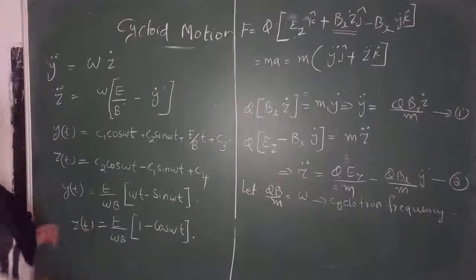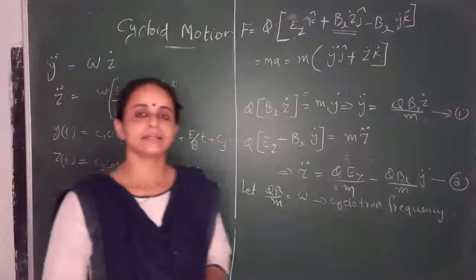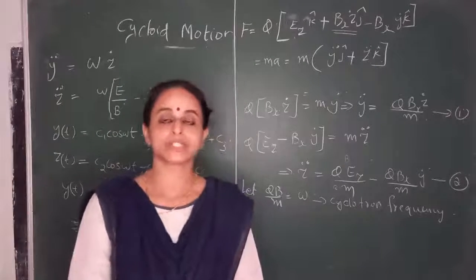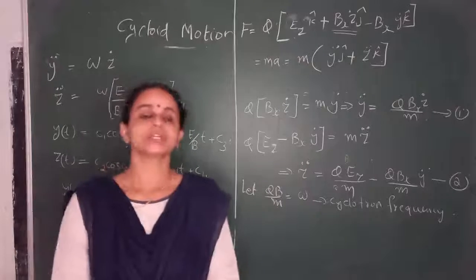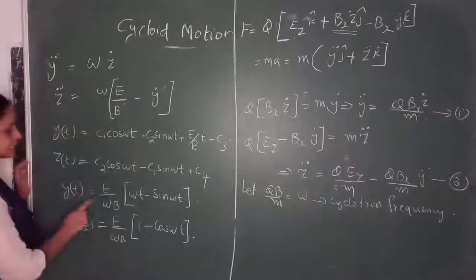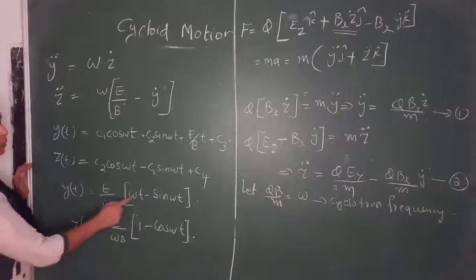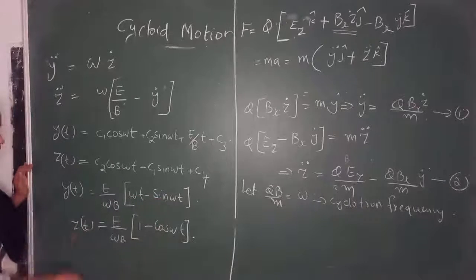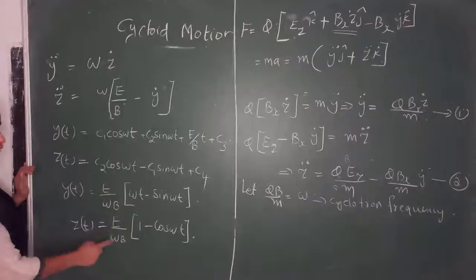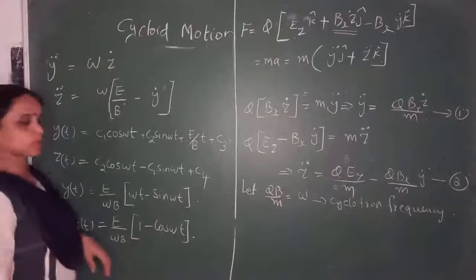These are the two solutions after finding the constants C1, C2, C3 and C4. You will get the formula for y(t) equal to E by omega B, omega t minus sin omega t, and z(t) equal to E by omega B into 1 minus cos omega t.